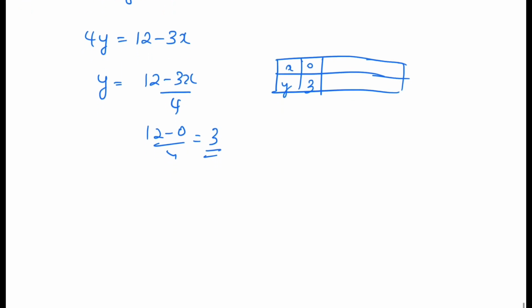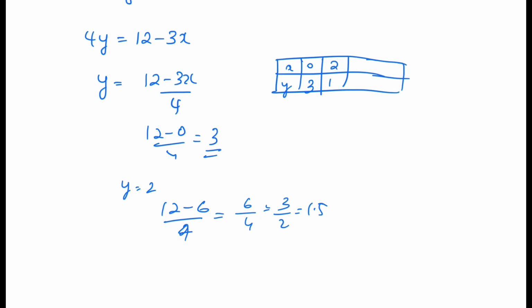Next, if I give x as 2, 12 minus 6 by 4 I'll get, that is 6 by 4, equal to 3 by 2 equal to 1.5.